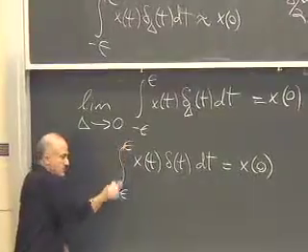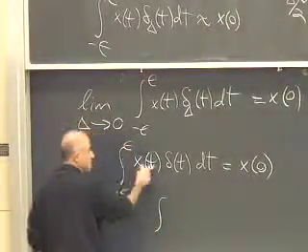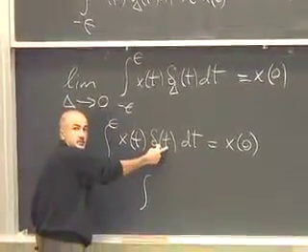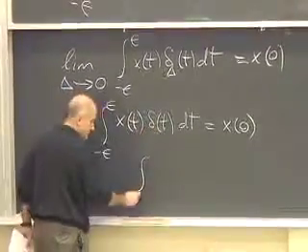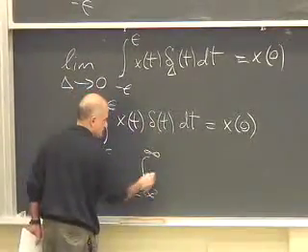In fact, you can change these limits to include any interval that includes where the delta is active. In general, we do it this way.